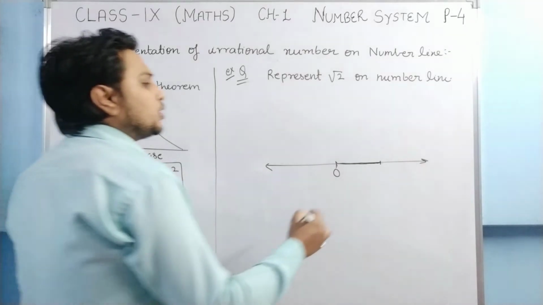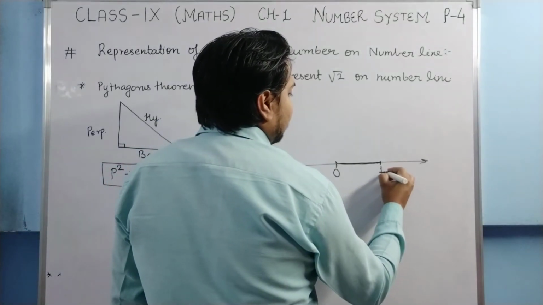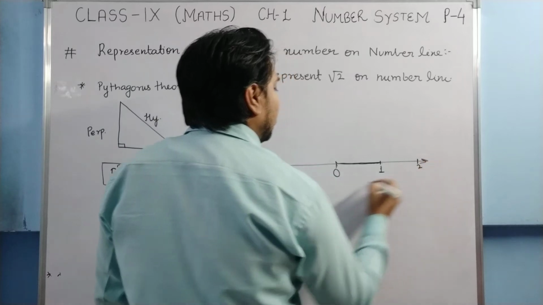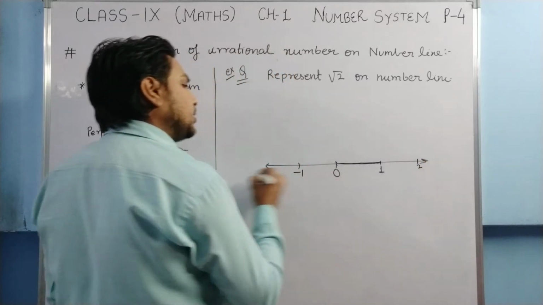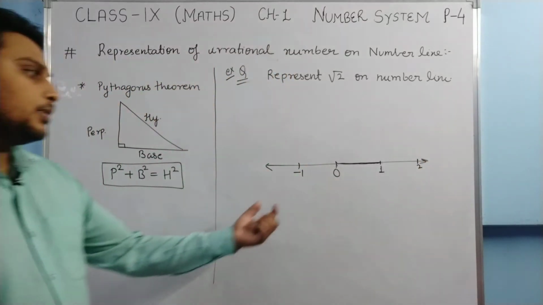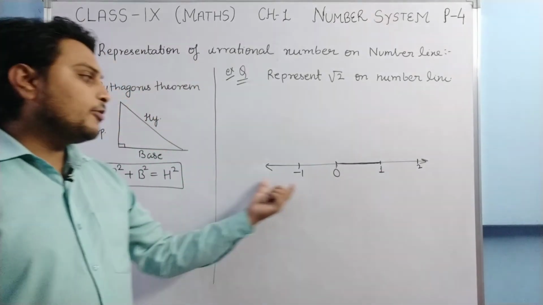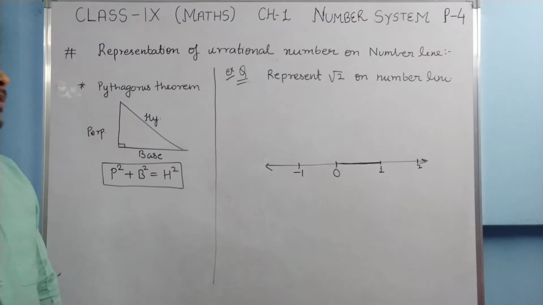So at base I have taken 1 unit, and after 1 this is 2, and here it is -1. This is the number line: on the right hand side of the 0 all the positive numbers are there, and on the left hand side of the 0 all the negative numbers are there.